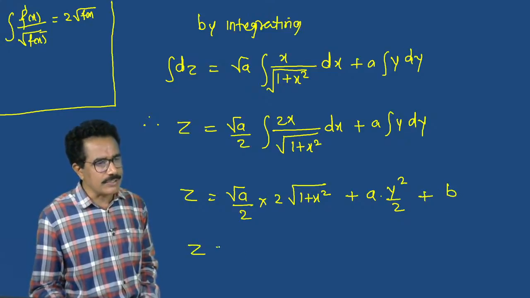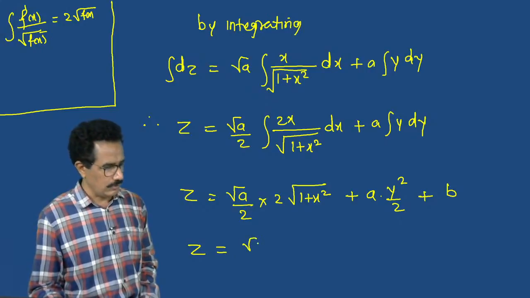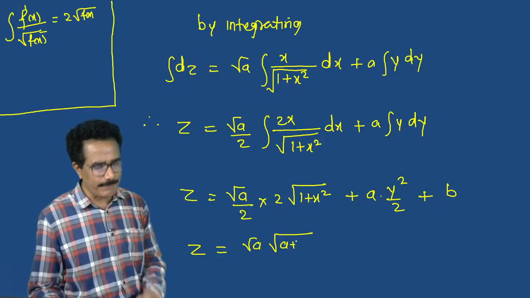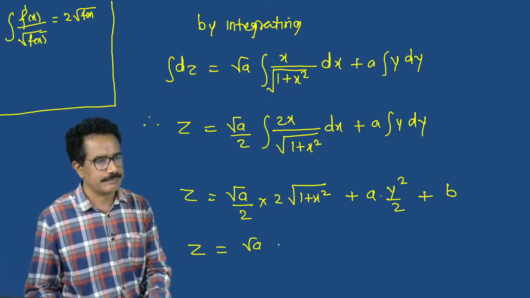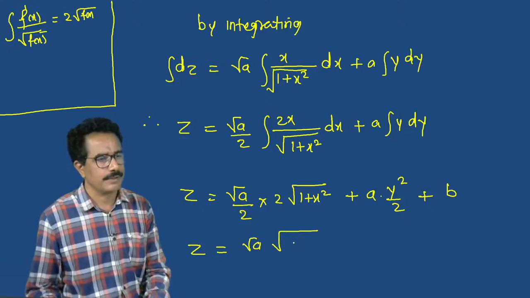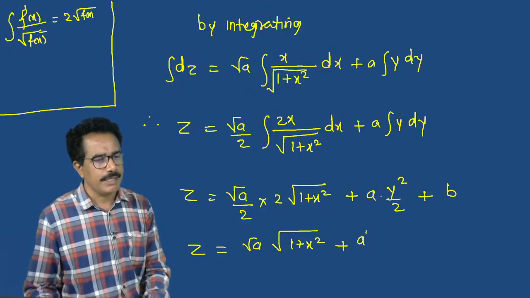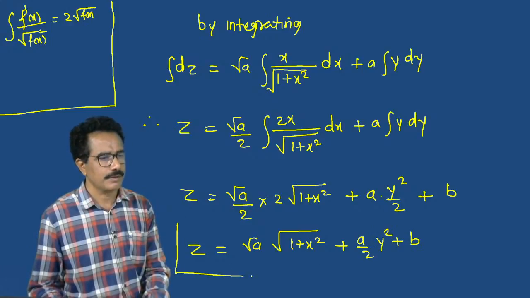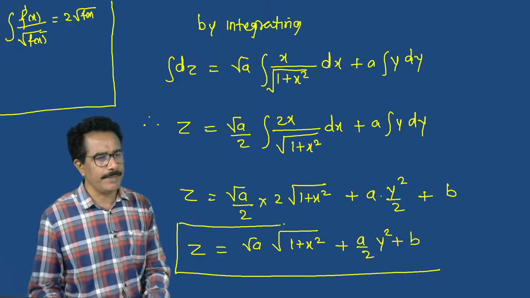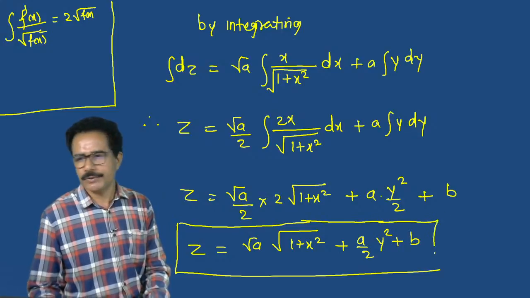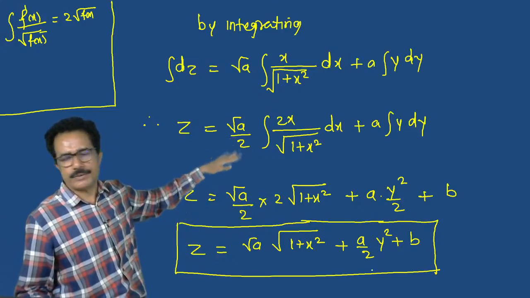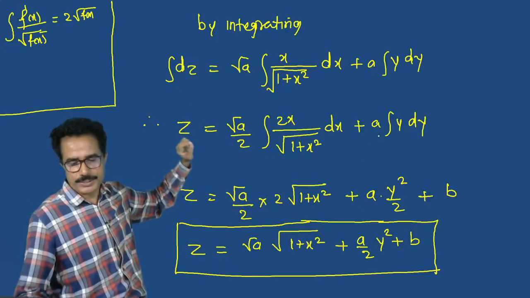So the final solution is root a into root of 1 plus x square plus a by 2 into y square plus b. This is the complete solution. Is it okay? Thus, we can write the complete solution.